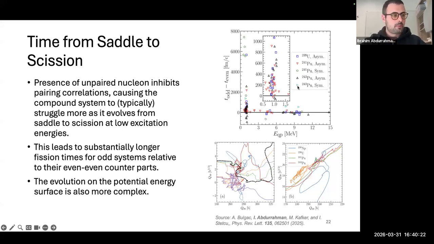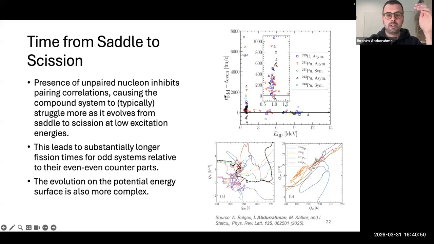And probably I'll conclude with this result because it has a nice intuitive explanation. If you look at the plot here, what we did is for the exact same deformations and average particle numbers, the only thing is treating the system as odd, so one unpaired nucleon, or two in the case of Neptunium, versus treating it as even.